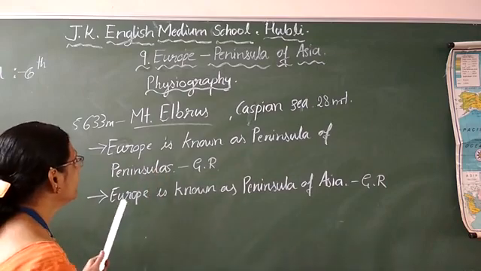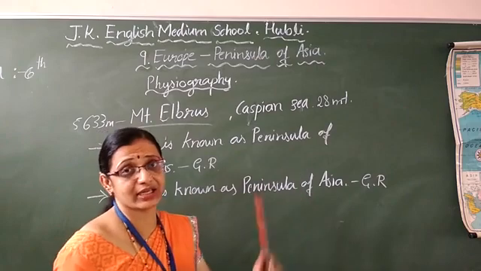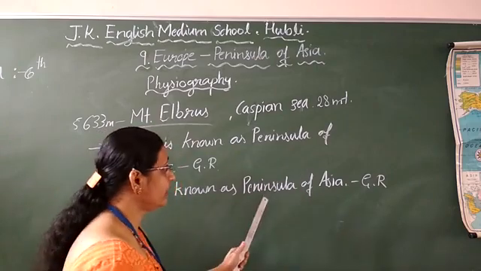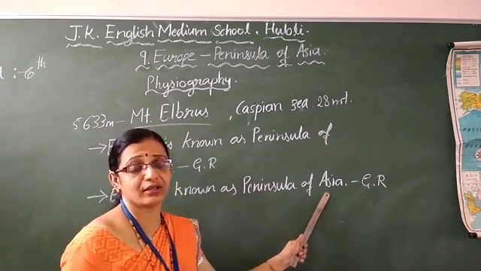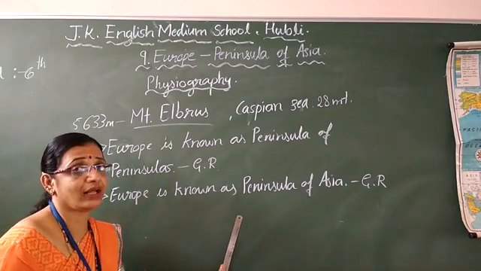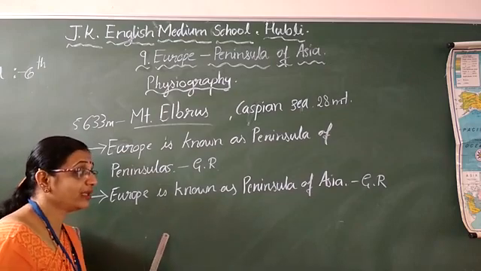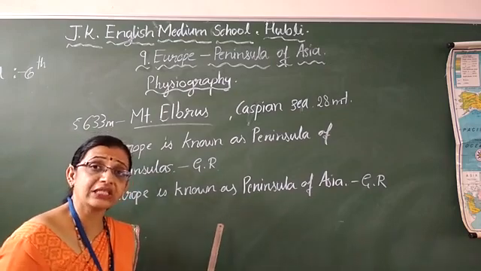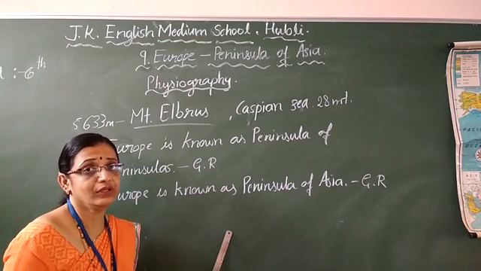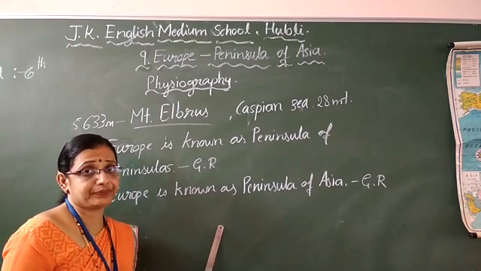Follow? Yes. Second one, Europe is known as Peninsula of Asia. Why is it called Peninsula of Asia? See children, Asia and Europe together are called Eurasia. Just I explained that one. Together, that Eurasia is called the Asiatic land.